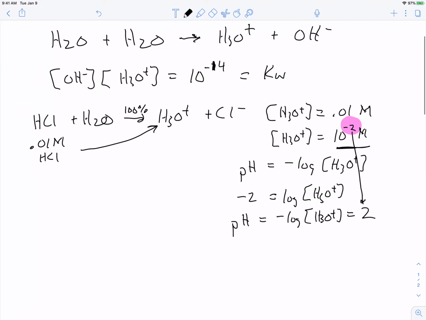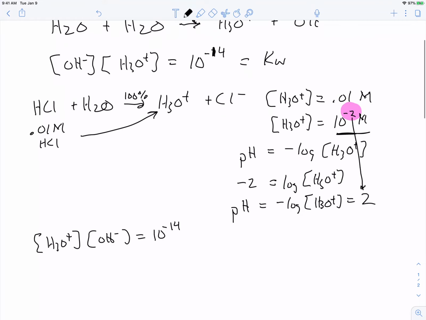In the previous video, we saw that the hydronium concentration times the hydroxide concentration always equals 10 to the minus 14. That being the case, if the hydronium is 10 to the minus 2, what would the hydroxide be?